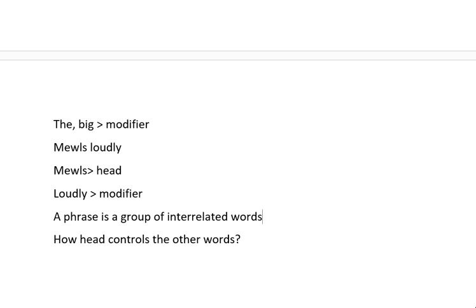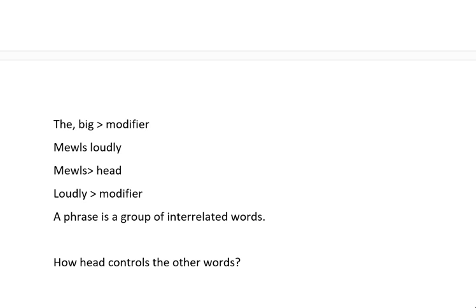Clear? Okay. So this relation or this interrelatedness is fundamental in syntax. Clear? It plays an important role in the process of making different types of clauses or sentences, right?